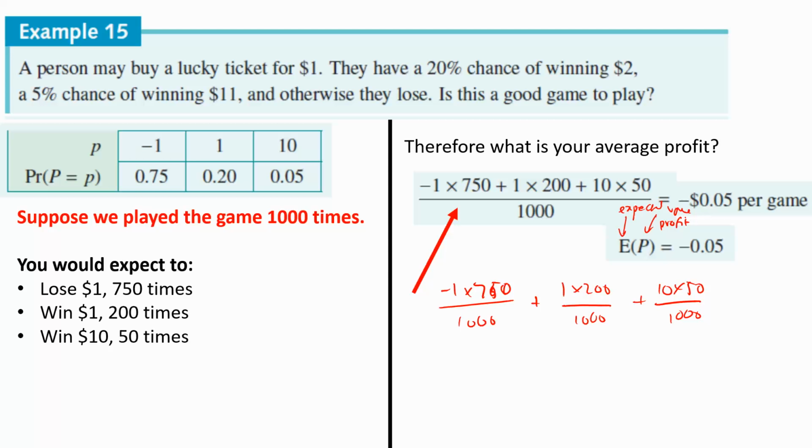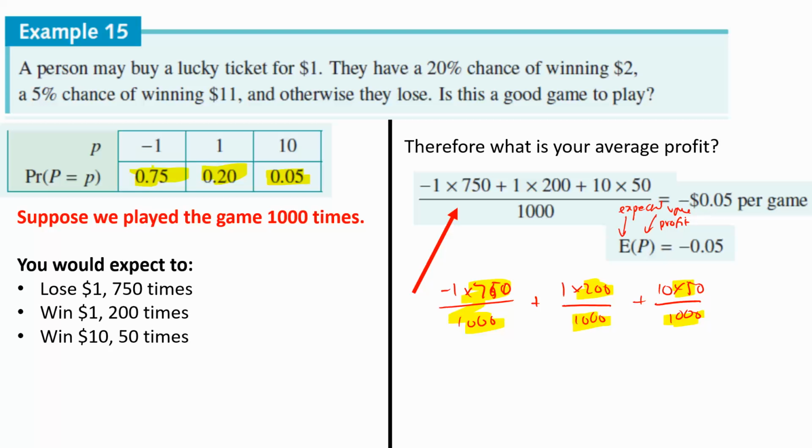But what we can see is 750 out of 1,000 is 0.75. We can see that 200 out of 1,000 is 0.2. We can see that 50 out of 1,000 is 0.05.